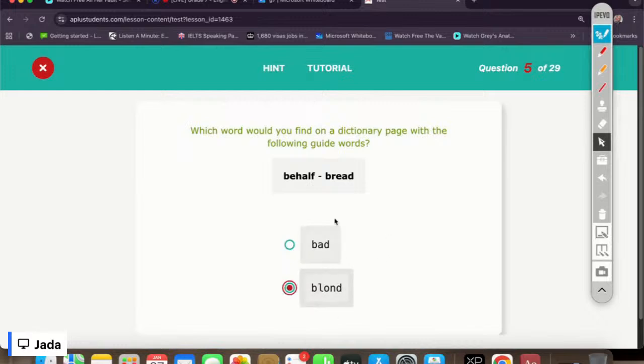All right, so we have the second. Then would you find the word sports in between shrill to extreme? First, second.